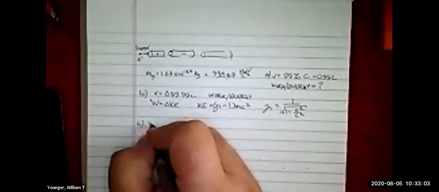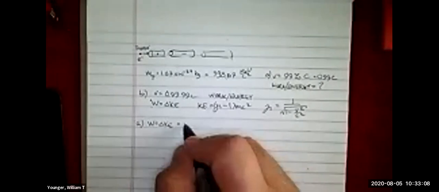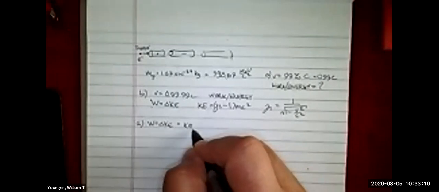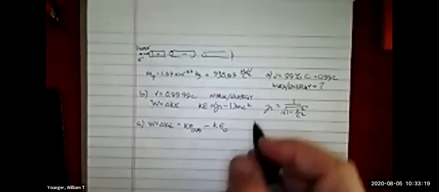So if I want to find the work required to get up to 99% of the speed of light, work is equal to change in kinetic energy, which equals kinetic energy final minus kinetic energy initial. So KE at 0.99 minus KE at 0.